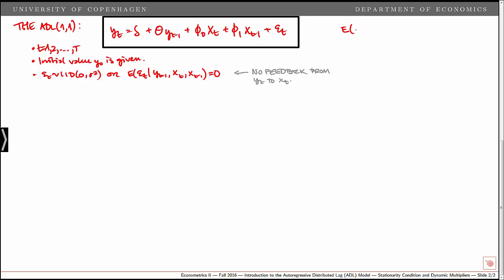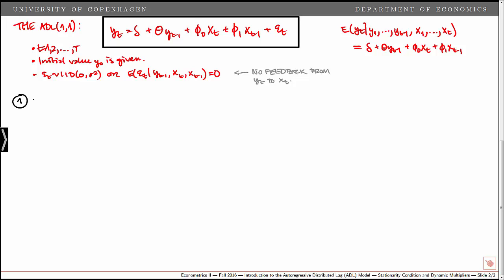We have modeled the conditional expectation of y given its own past, and given the entire sample of x up until point t in time. That is given by the model here, delta plus theta y_{t-1} plus phi_0 x_t plus phi_1 x_{t-1}. So the model represents a conditional expectation of y_t given its own past and given x up until point t in time.